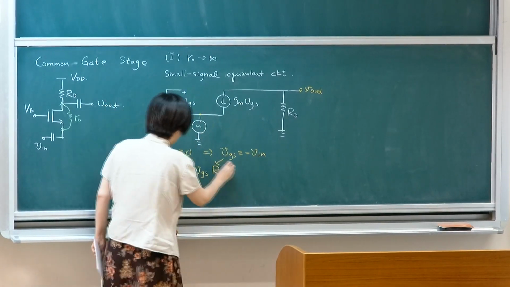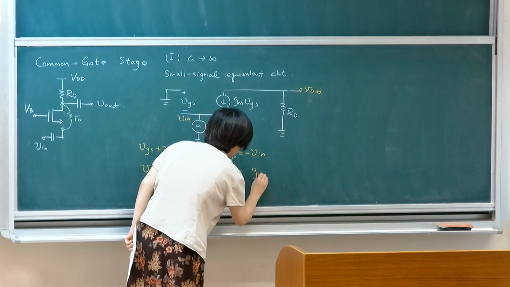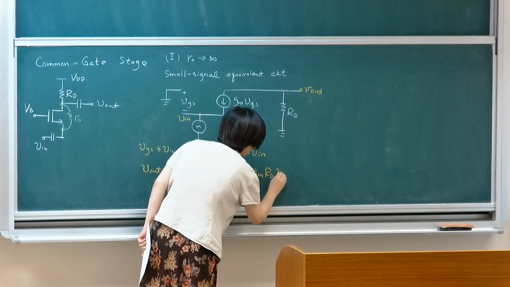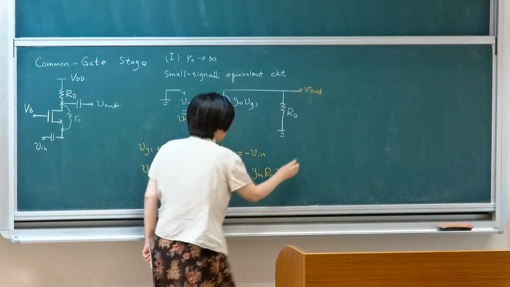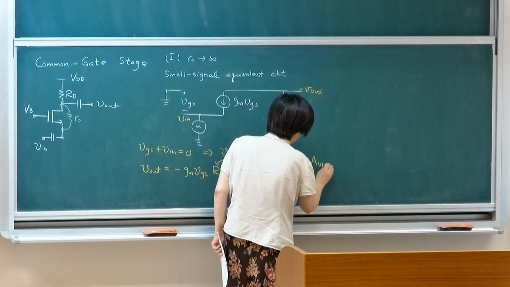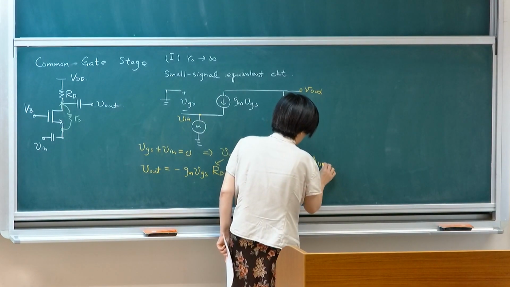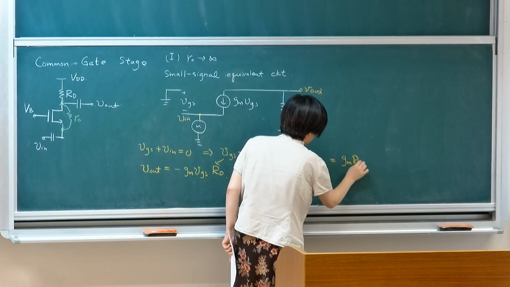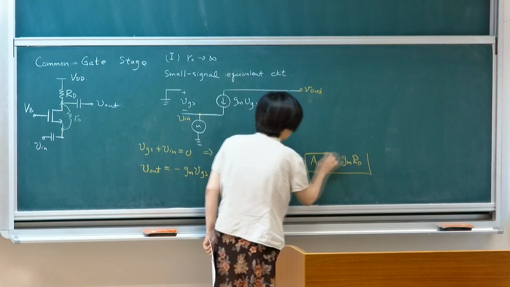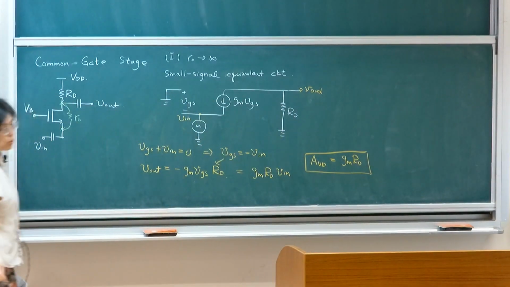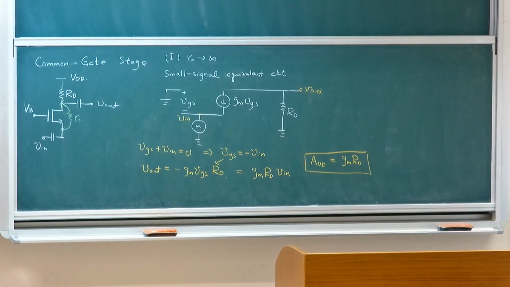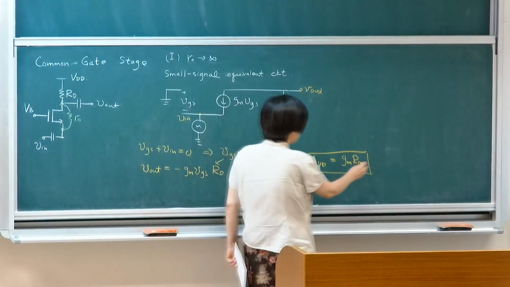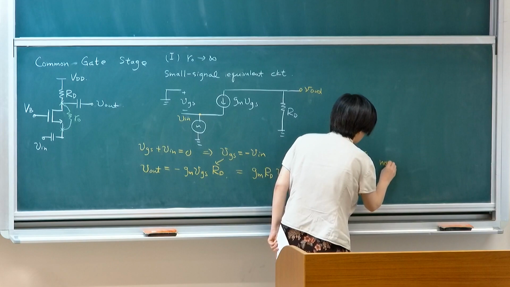Therefore, you insert that back in. This will be gm RD. Therefore, I'm getting my AVO. So first, we get the voltage gain. The voltage gain is gm RD, which is a non-inverting amplifier.